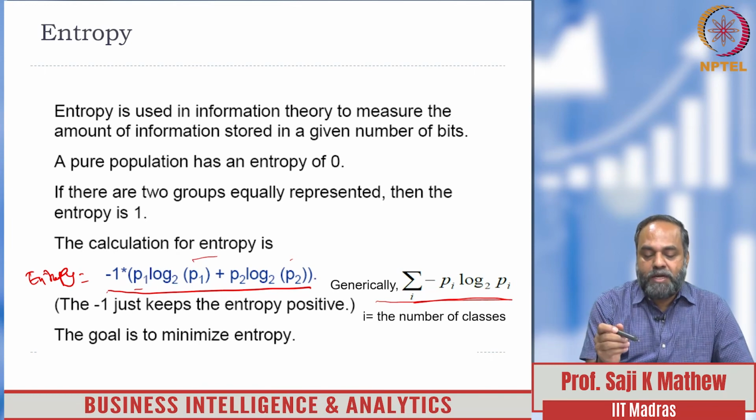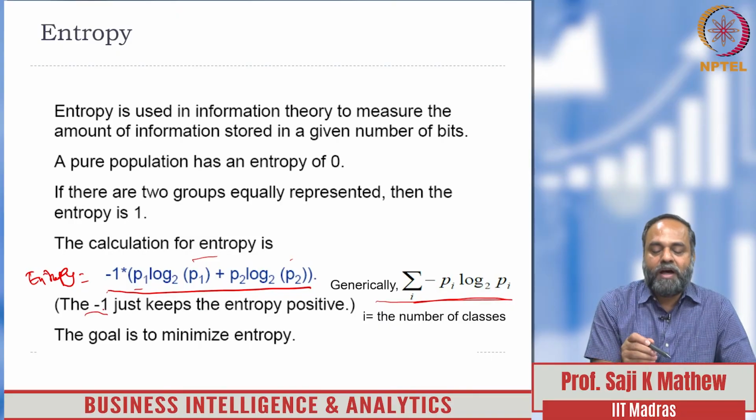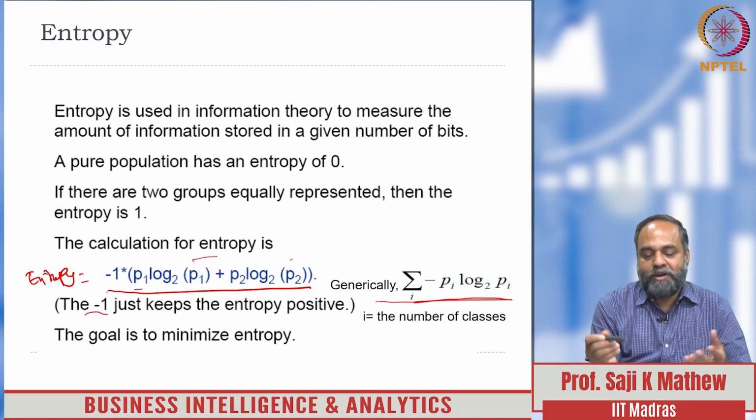And why is there a -1 outside of the bracket? That is because when you find logarithms for numbers less than 1, and these are all proportions, so the value will be 1 or less, you will get negative values, and therefore in order to make entropy positive, he added a -1.